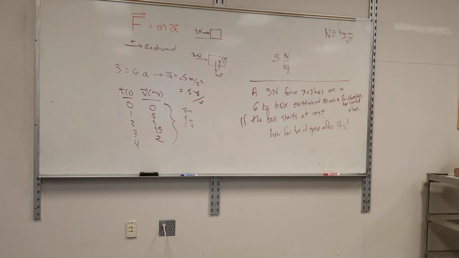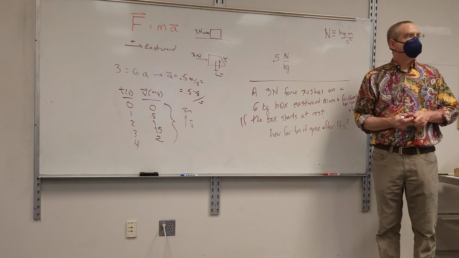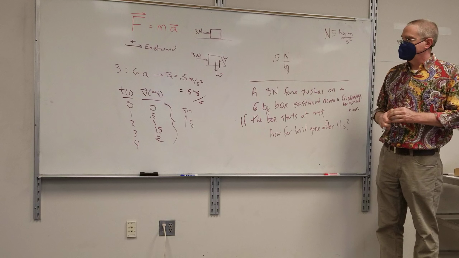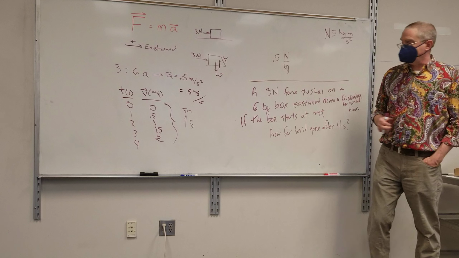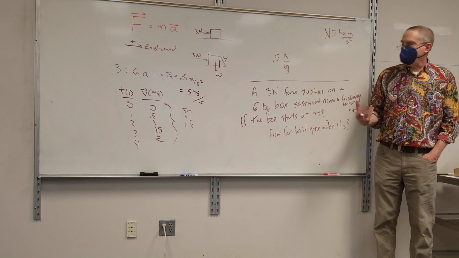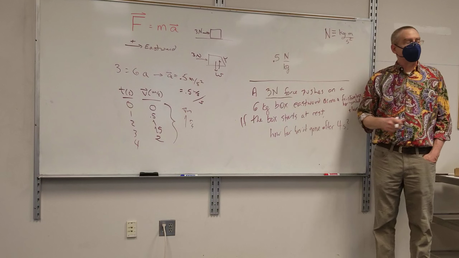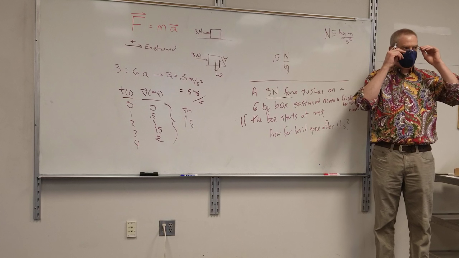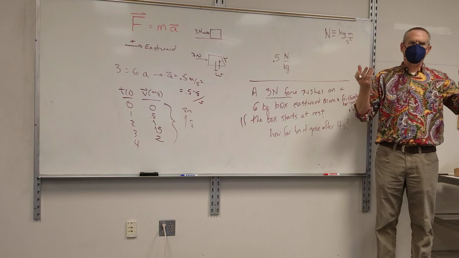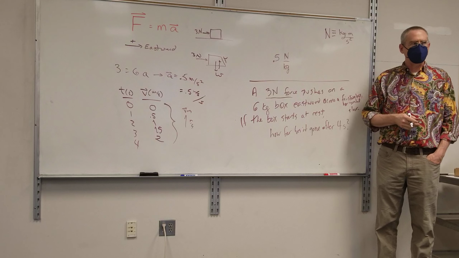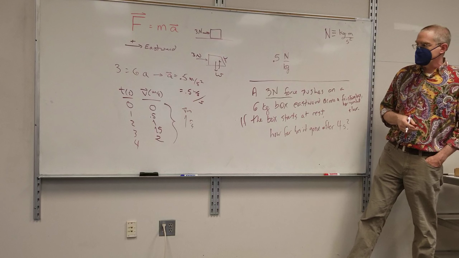Yes, Kimberly. You can only add up the first and the last one if acceleration is constant. And I know acceleration is constant because the force doesn't change, which means the acceleration is constant if the total force is constant.